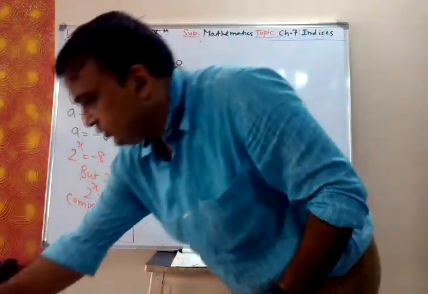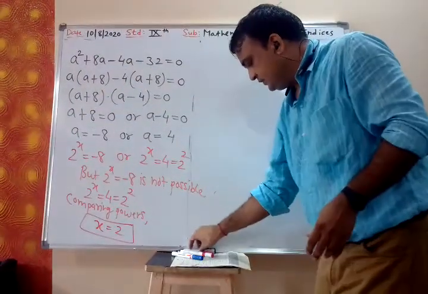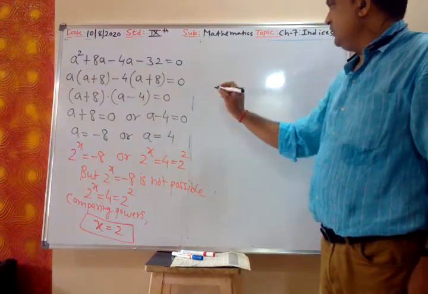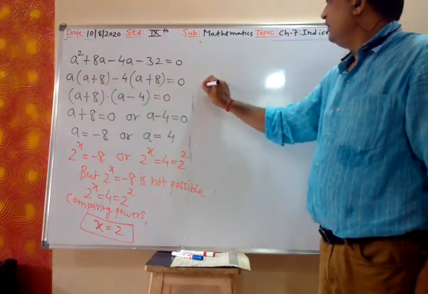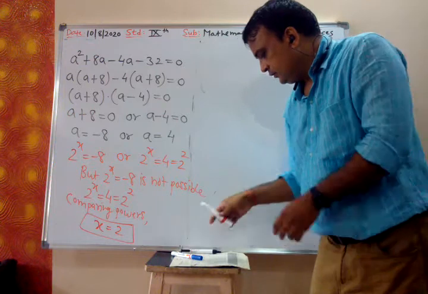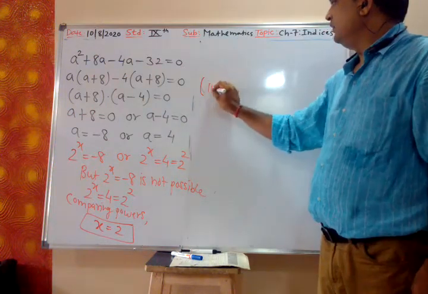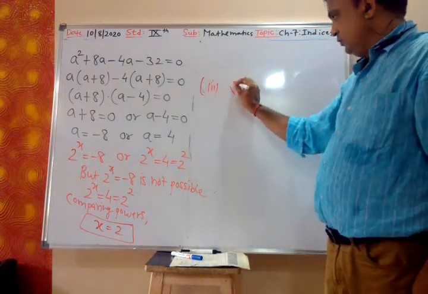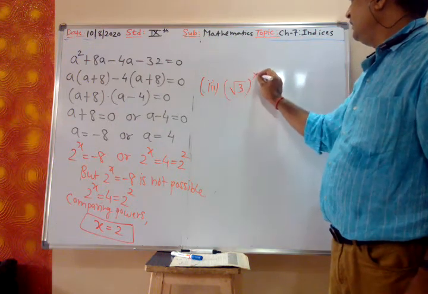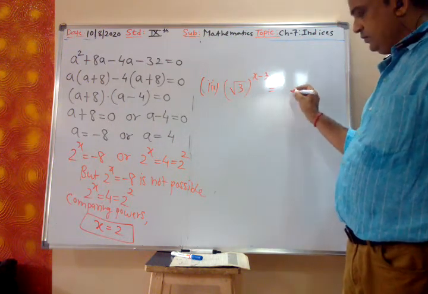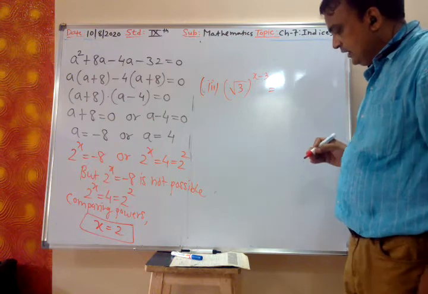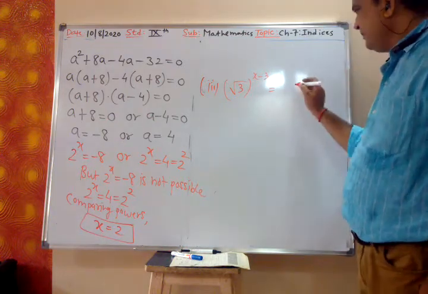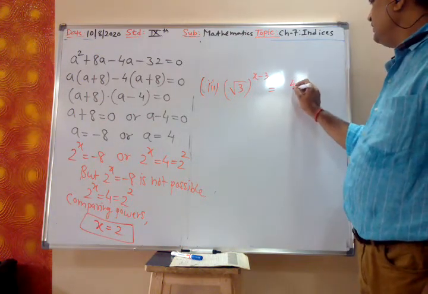I think by solving the second you must have got the confidence. Now let us do the third one. Root 3 raised to x minus 3 is equal to... this is the fourth root of 3. What is that in the question?